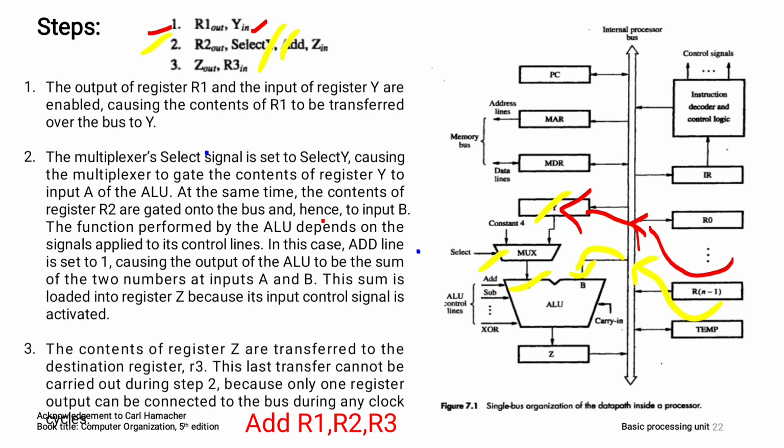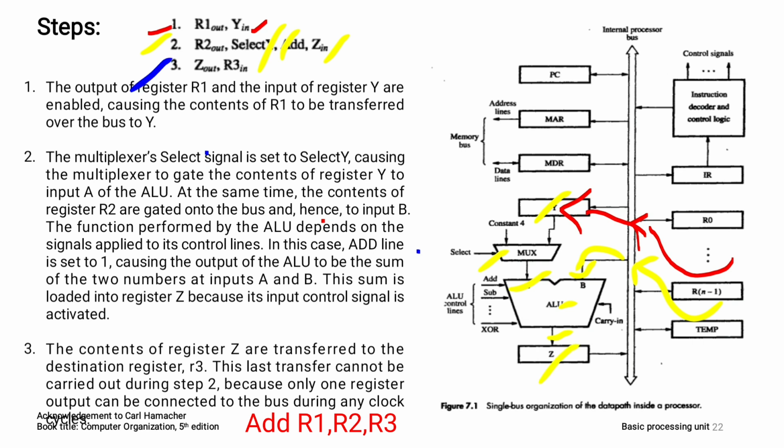The next control signal in the second step is add. R1 and R2, which are at the A and B inputs of the ALU, are added. Next, the Z in control signal is in the second step only. So the result obtained by the ALU is inputted to the Z register.